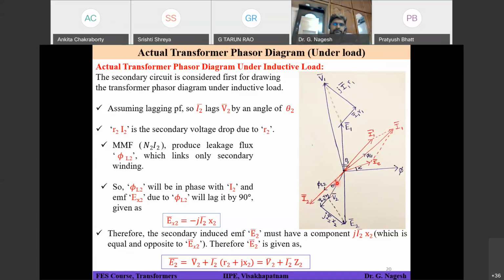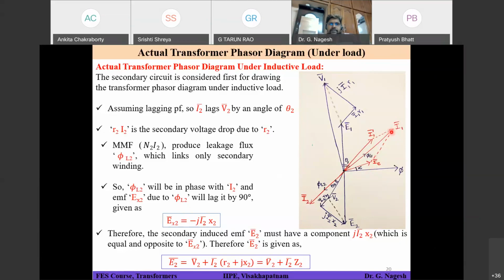According to I2, you have one more component of current on the primary side, called the load component of primary current and denoted as I1 dash. The total primary current will be the phasor addition of I1 dash and excitation current IE. That will be your I1.